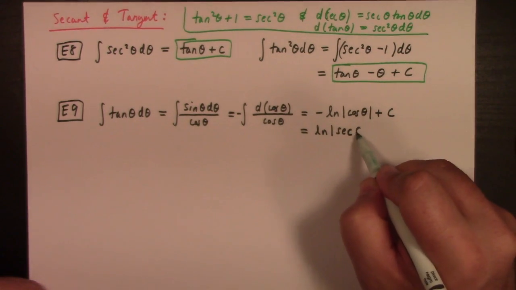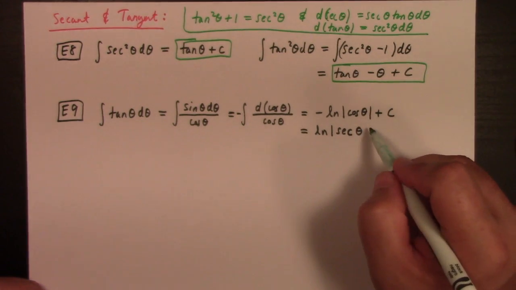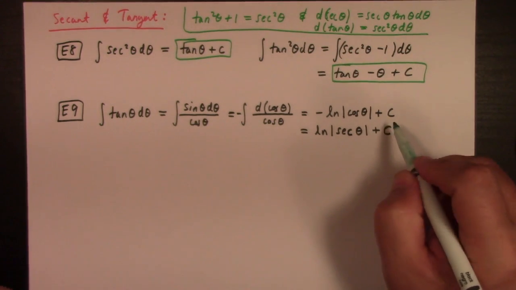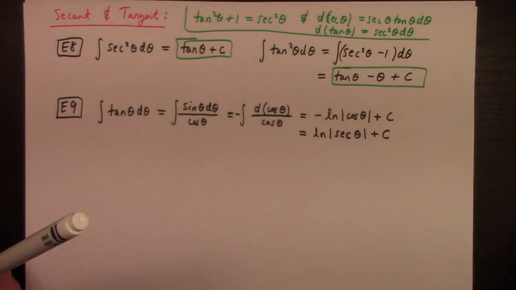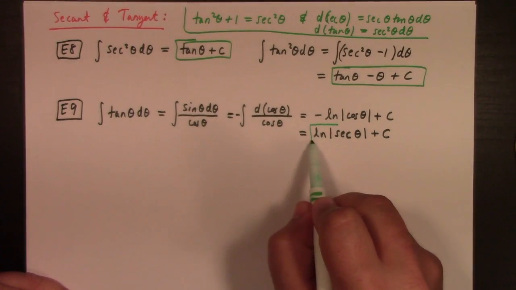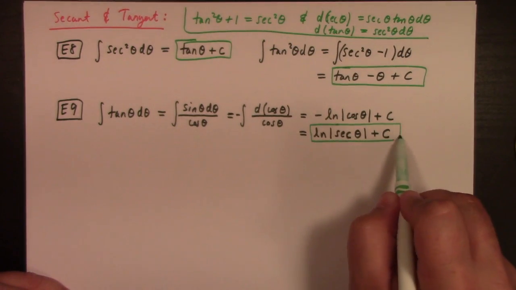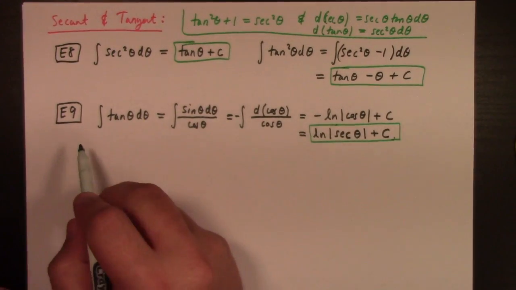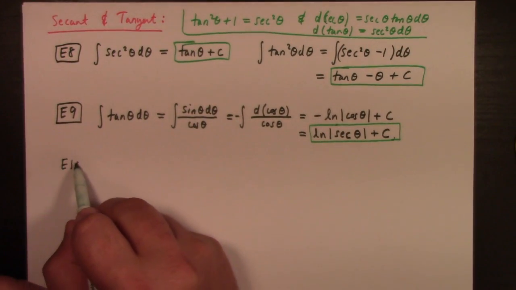Secant's 1 over cosine, right? So bring the minus in, reciprocate the argument, the exponential, and there you have it. Our handy-dandy integral of the tangent: natural log of the absolute value of secant theta, plus a constant.